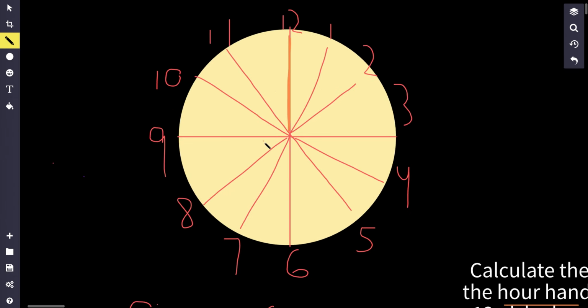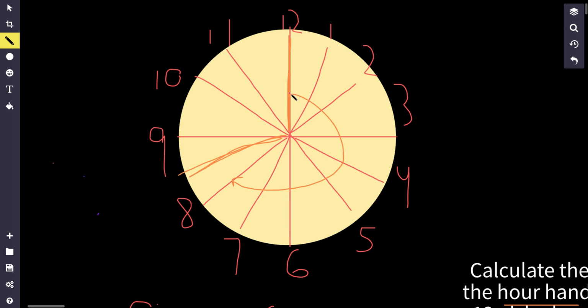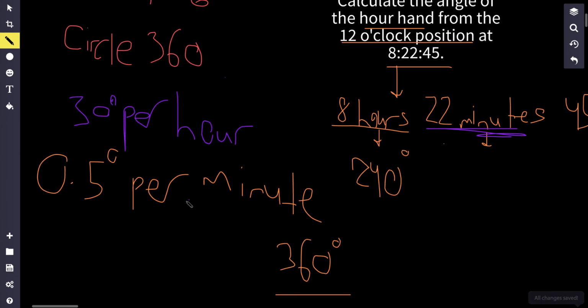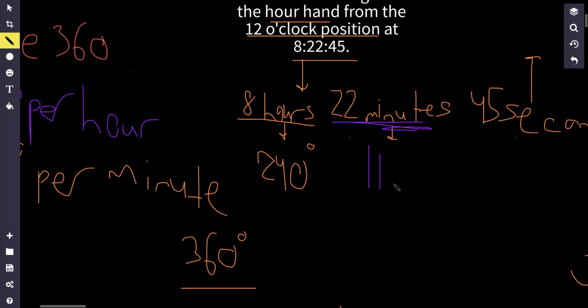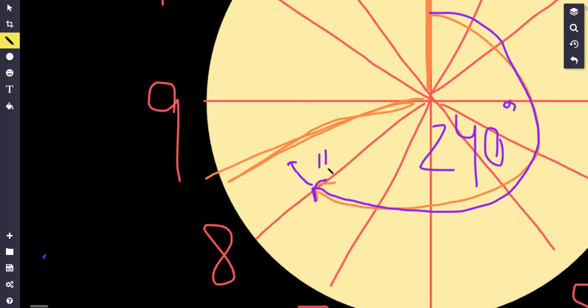Let me do this in a different color. All this is saying is that the first step, the 8 hours, gives us 240 degrees. What about the 22 minutes? Well, we know that it's 0.5 degrees per minute. So 22 times 0.5 gives us 11 degrees. So these 22 minutes give us 11 degrees.